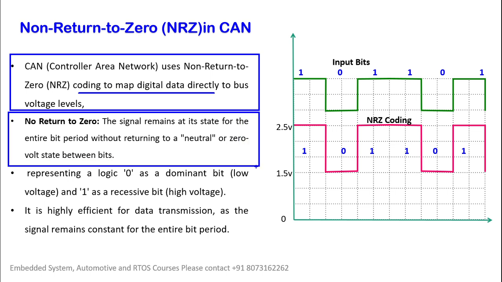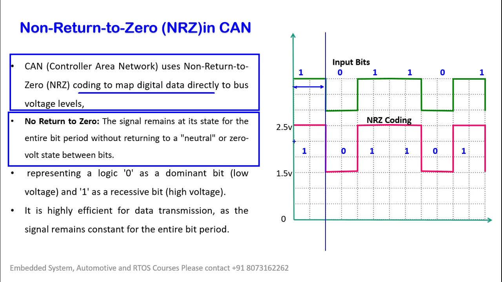Now, second point, if you observe here, NRZ coding means the signal remains in its constant state for the entire period of your signal. So this is my total signal, and the signal remains as it is. The signal level will be maintained constant throughout your total time period.